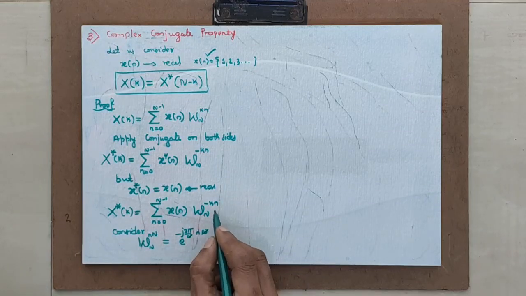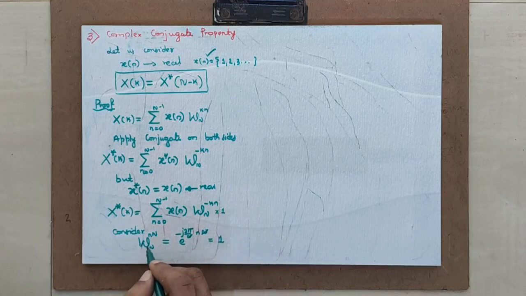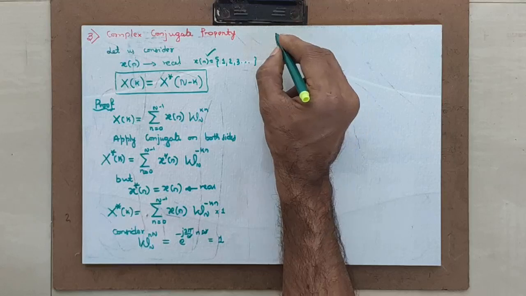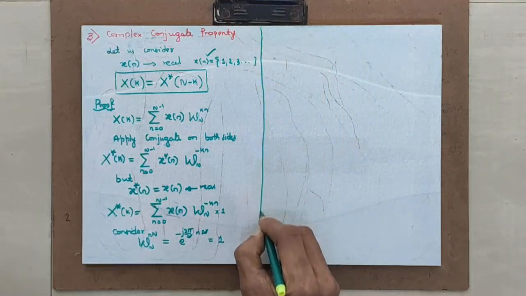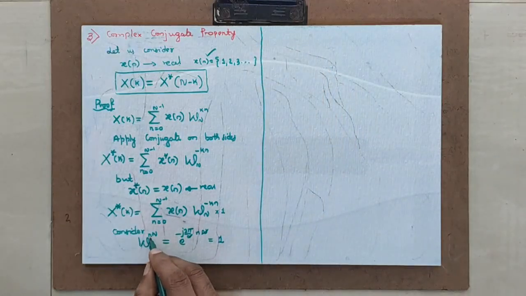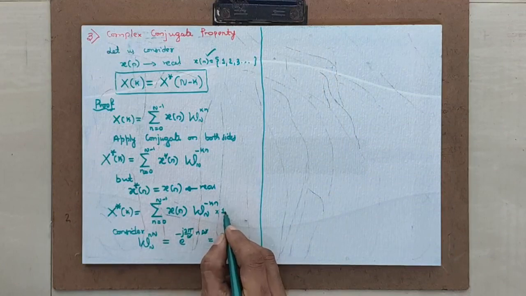That means if I multiply here with 1, instead of that I can replace it with W_N raised to N into n. Hence I just consider a factor W_N raised to N into n here instead of 1.